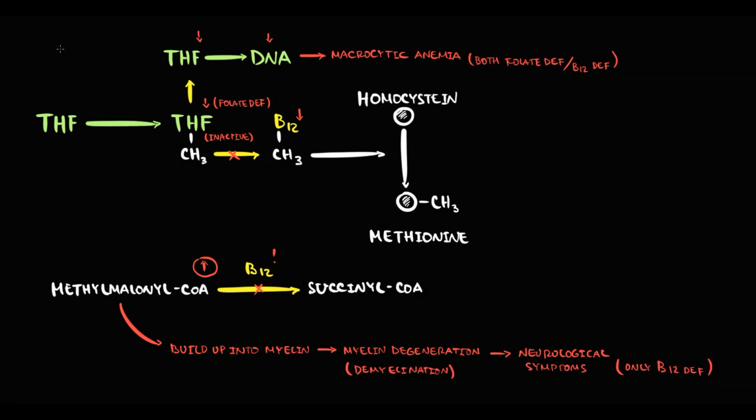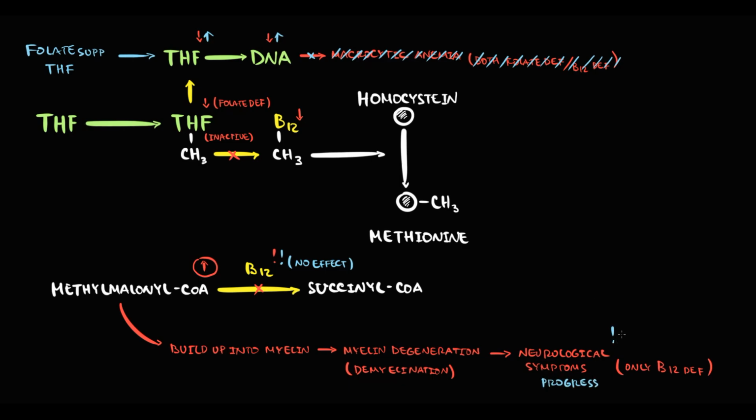If we give folic acid supplements to a patient that has B12 deficiency, or has both B12 deficiency and folate deficiency, anemia will be gone, because we give pills that have free folate, so we can use such folate molecules straight away for DNA synthesis. The problem here is that folic acid does not fix the conversion of methylmalonyl CoA into succinyl CoA, so neurological symptoms will only progress.